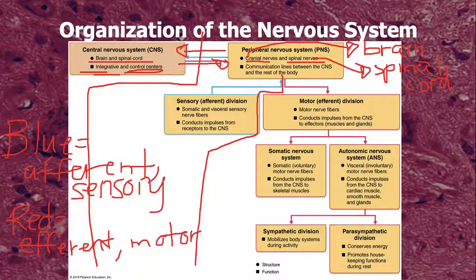Okay? Now, the sensory or afferent division includes both somatic and visceral sensory nerve fibers. So nerve fibers from both somatic areas. Somatic is going to be skeletal muscle. Can you read that? Okay, and then visceral is going to be your other muscles and glands.